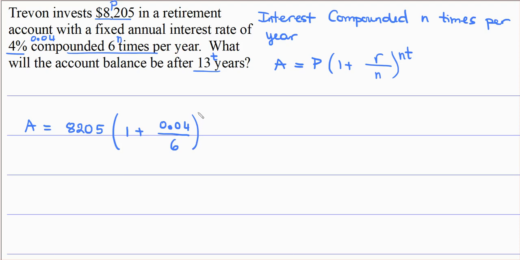And then to the power 6 times 13. Now you go ahead and put this in your calculator, and that will give $13,777.24.